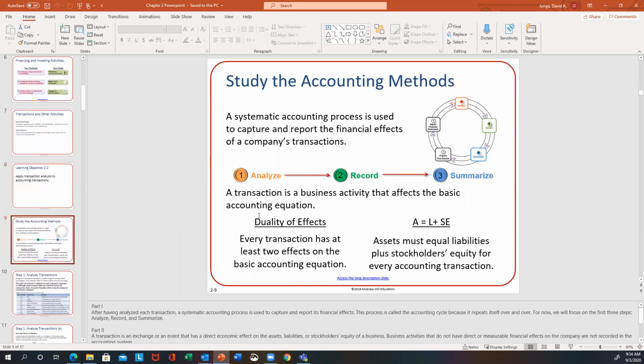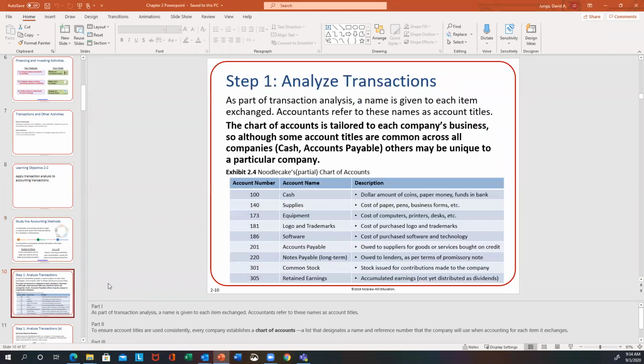To start off, you have to analyze the transaction, and then you're going to record it, and that's what we're going to get into a little bit in this chapter, and then summarize it when we get to the balance sheet in terms of the accounting equation. Remember the duality effect. There's always at least two items affected because you have to balance. And in some cases, you're going to find that you have a lot more than just two items that are affected.